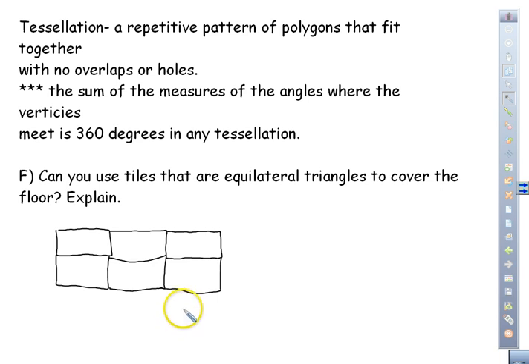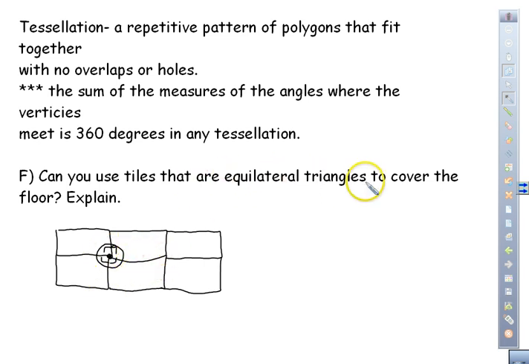Now the question is, the vertices, where all 4 of them connect, will they equal 360 degrees? Well, if they're all 90 degrees, 90 times 4 is 360 degrees. So therefore, the answer to this is yes, if they were rectangles.